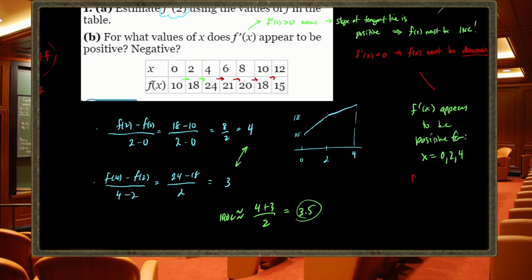And then f prime appears to be negative for x equals 6, 8, 10, and 12. You could write these as intervals as well, but that's all fine.